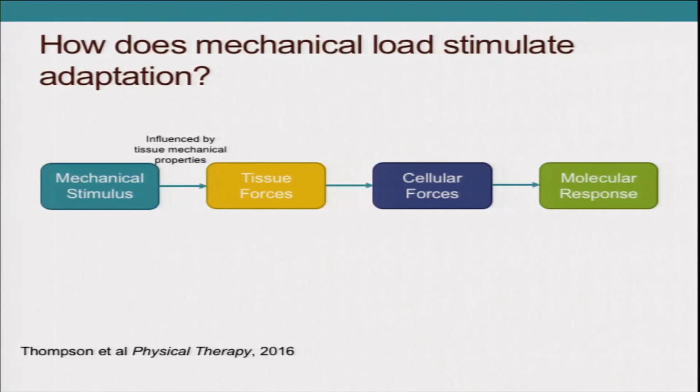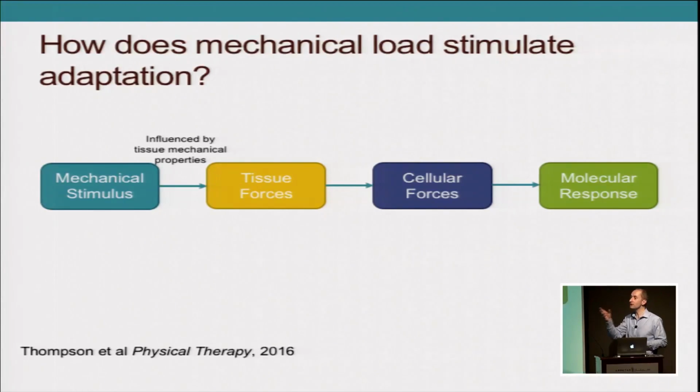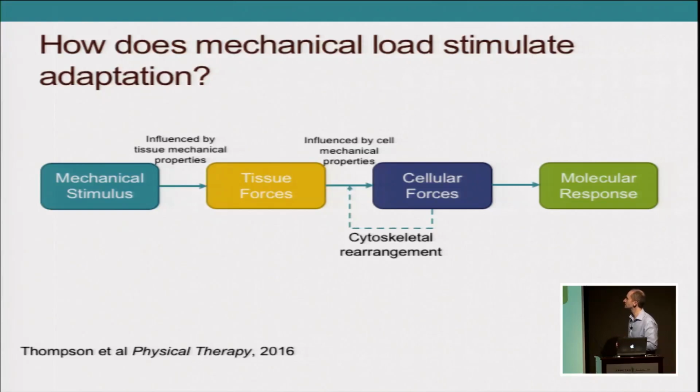So how does that work? Well, we know that the tissue mechanical properties, so the stiffness characteristics or the viscoelastic properties of the specific tissues, will determine the direction and nature of the loading at the tissue level. We also know that the cell mechanical properties, so the integrins and the extracellular matrix and the extracellular structures, will influence the forces that are transferred through the cells.